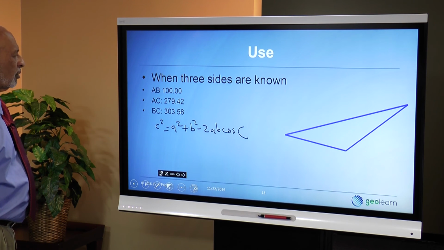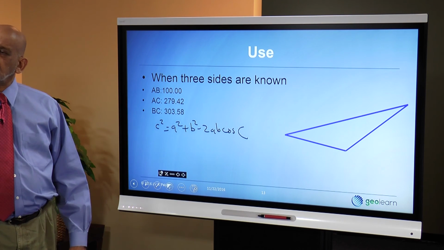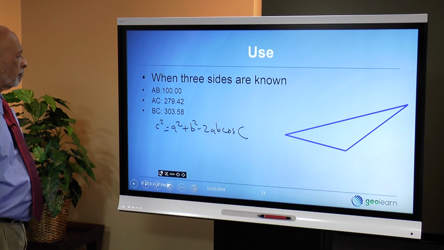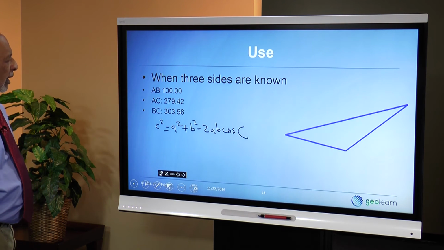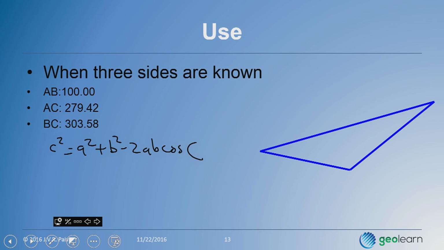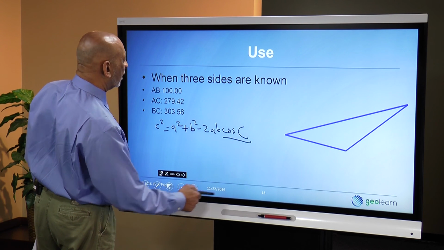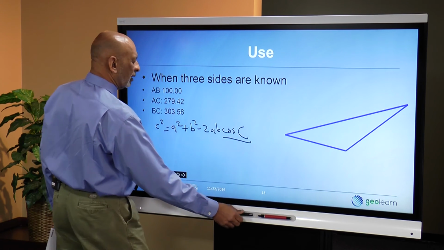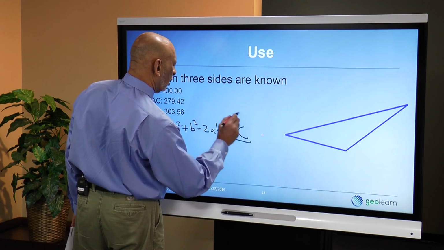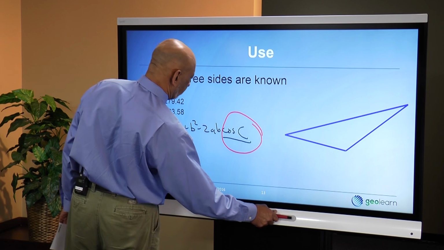We're trying to solve for angle C. And so when you're solving for angle C, that means we can substitute 100 squared for c squared and so on and so forth. And then when we get to cosine C, that's the unknown. So we have to do this math where eventually we wind up having to solve for the cosine of C.